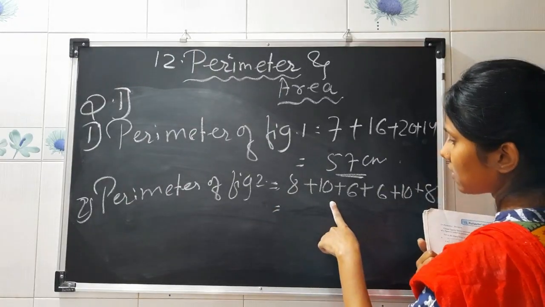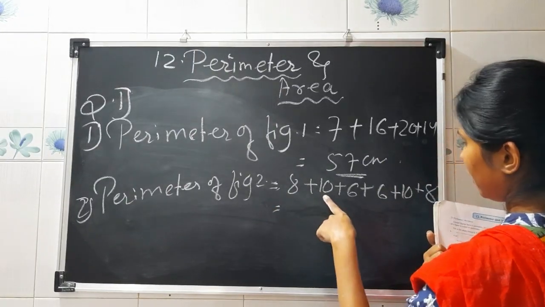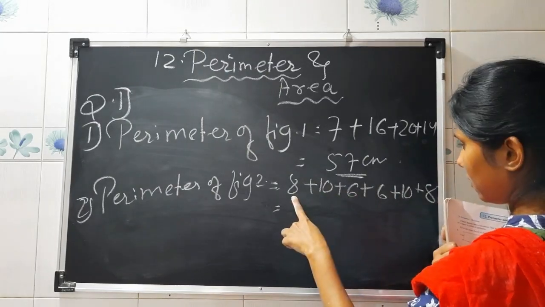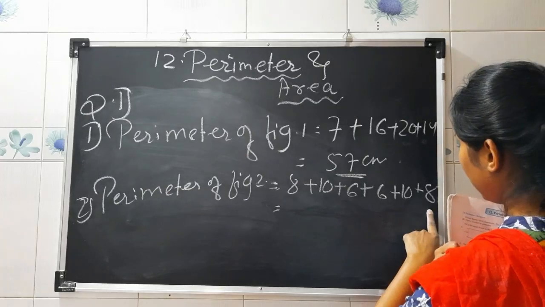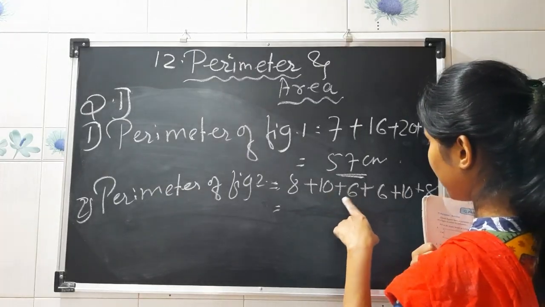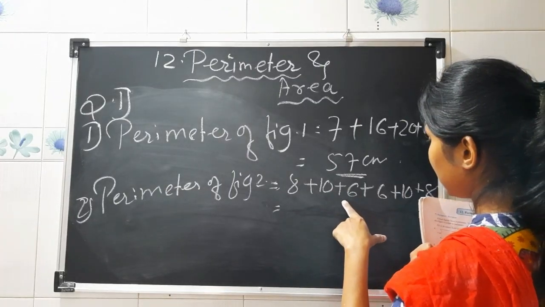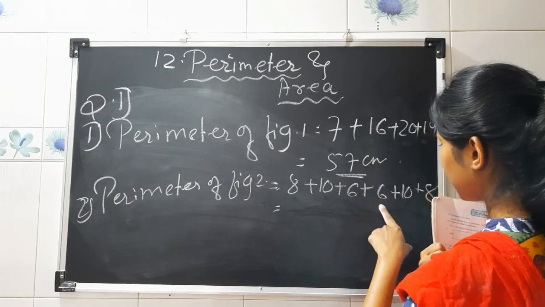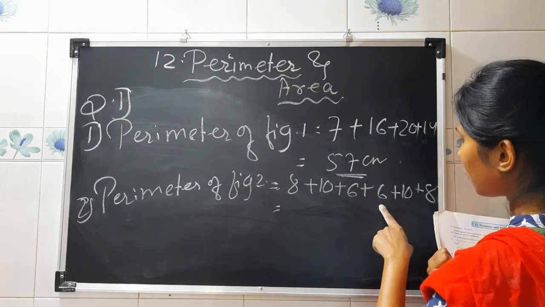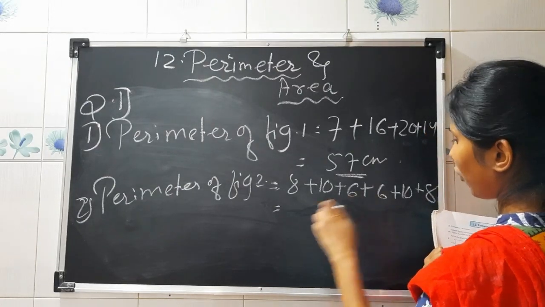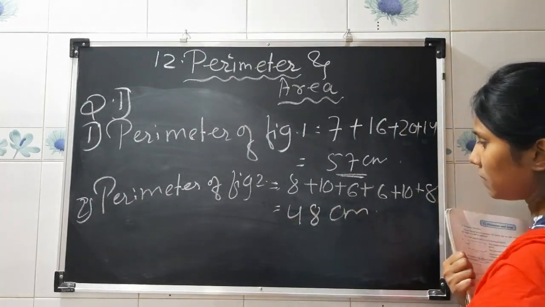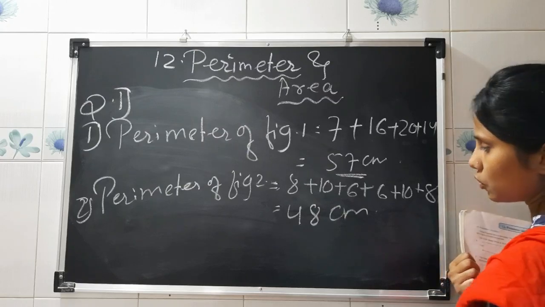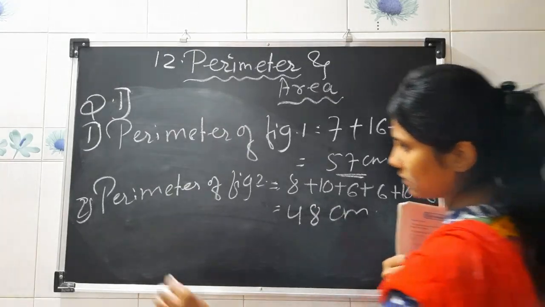8 plus 8, 16, 16 plus 20, 36, 36 plus 12, 48. So perimeter of figure 2 is 48 centimeters.